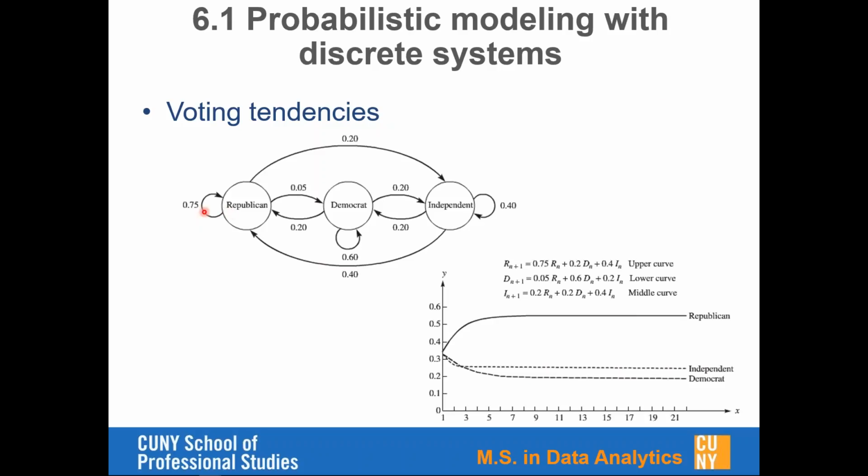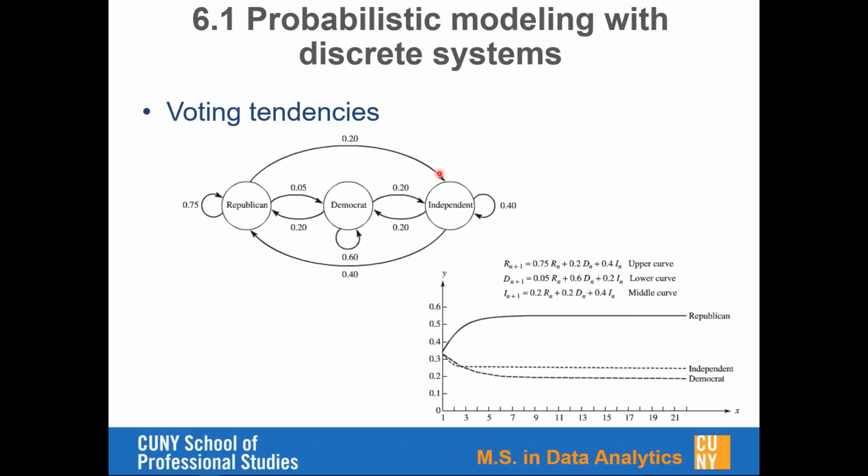You can see here, 0.75 plus 0.05 is 0.8, plus 0.2 equals 1. So this can be defined as a matrix, where the states are all these different discrete states, and each row should add up to 1.